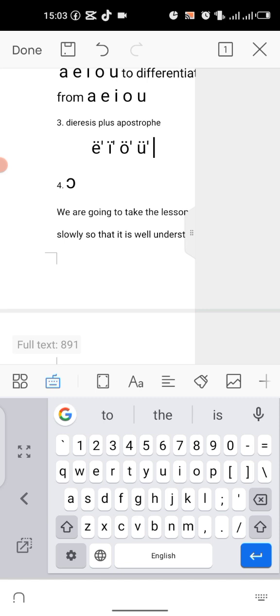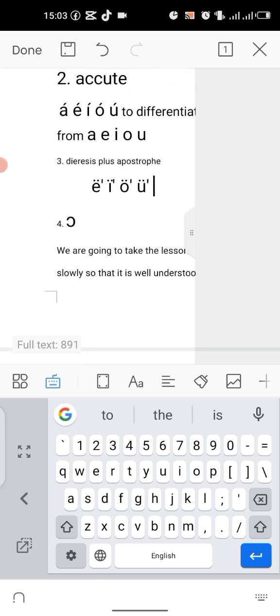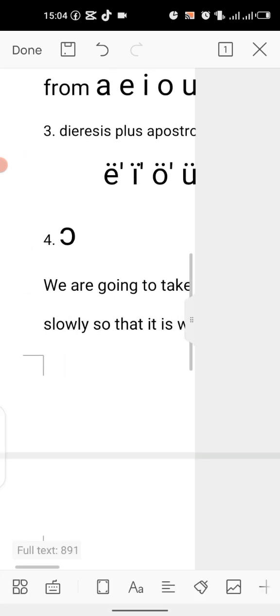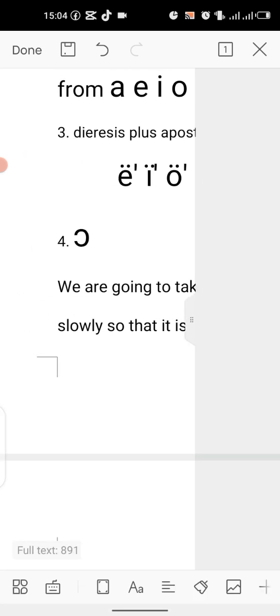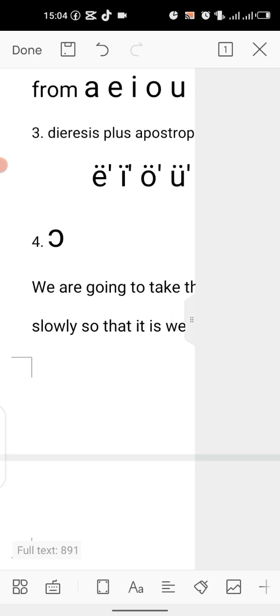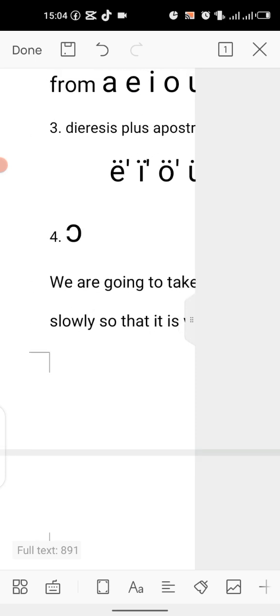This is pronounced by making a hollow mouth when pronouncing. That means you need to round your mouth properly when pronouncing a word.